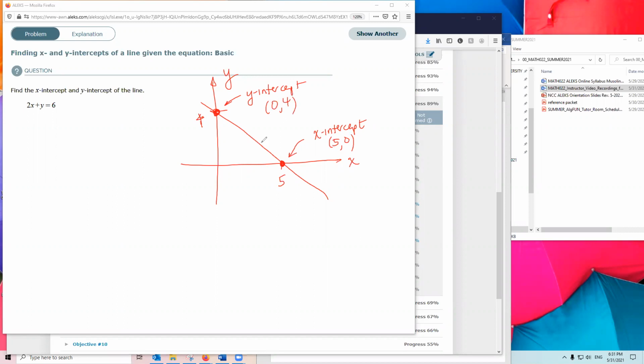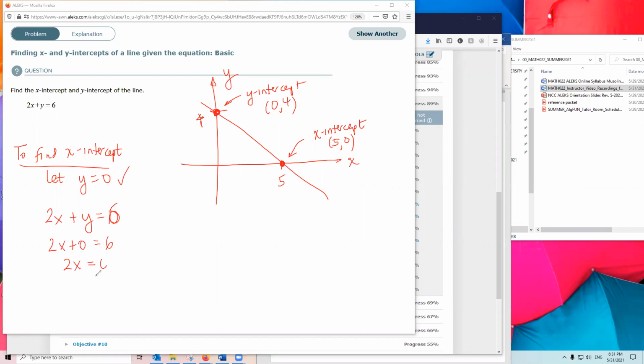All right, well, here's an easy way to find x and y intercepts. To find the x-intercept for an equation, you let the other letter equal 0. So I'm going to let y equal 0 in the equation. It's going to be 2x plus y equals 6, but we're letting y equal 0. So that's going to be 2x plus 0 equals 6.